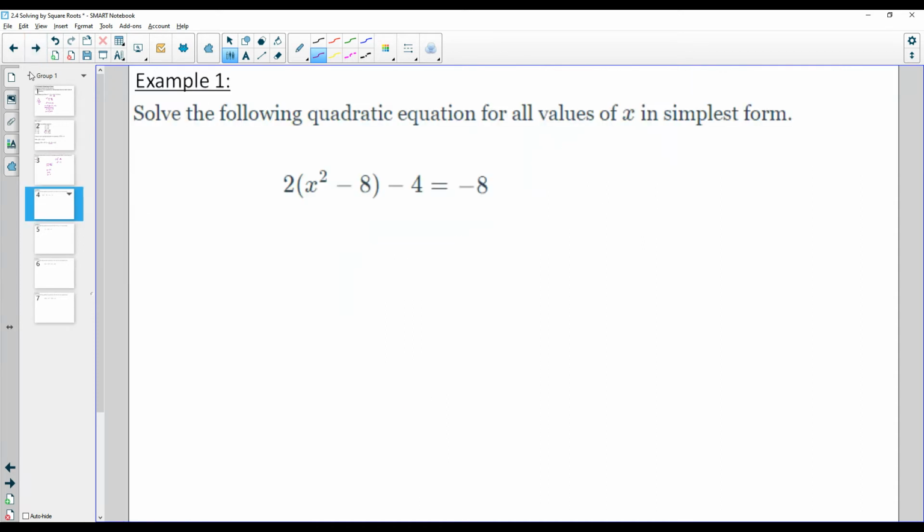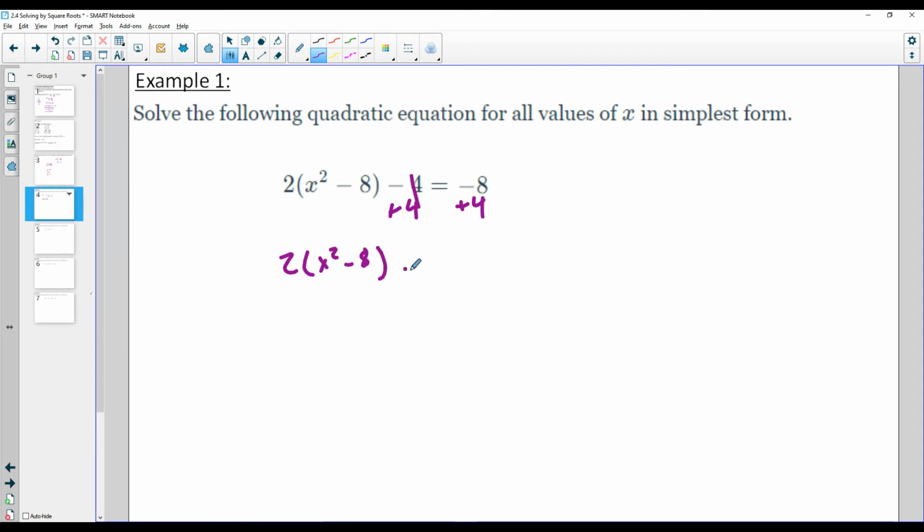So now it's just a bunch of examples. And for each of these, my trick is to get whatever it is that is squared by itself. I see that the only thing that's squared is this x, so I want to get this x squared by itself. The first thing I would do is probably add 4 to both sides, and then I'll be left with 2 times x squared minus 8.